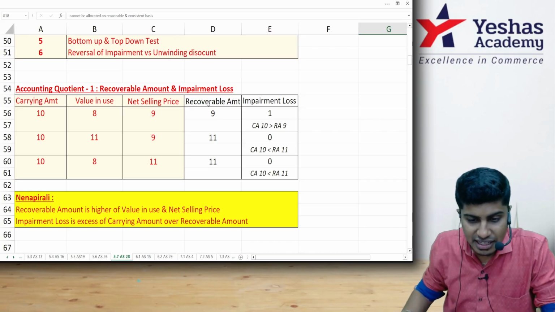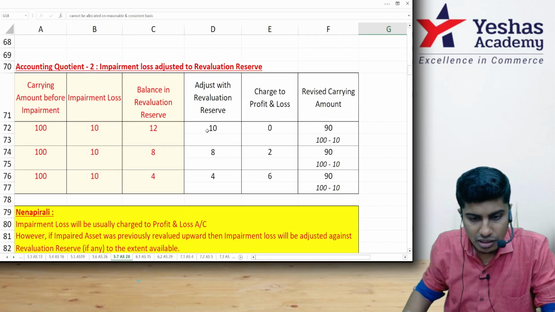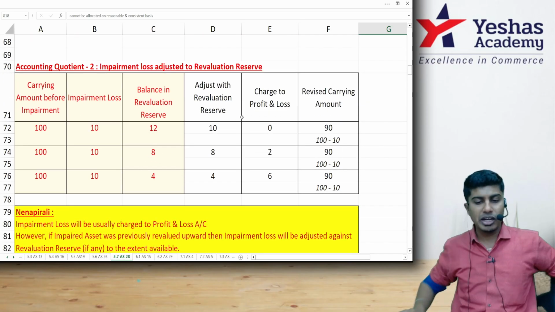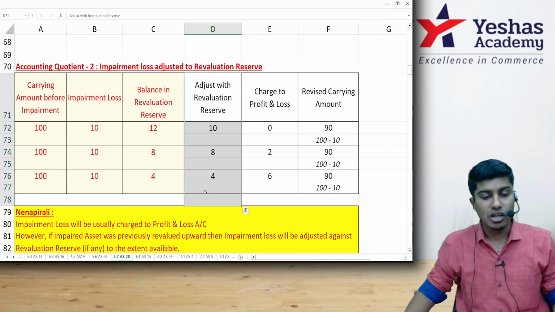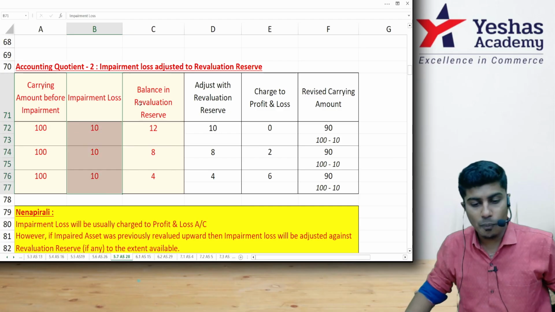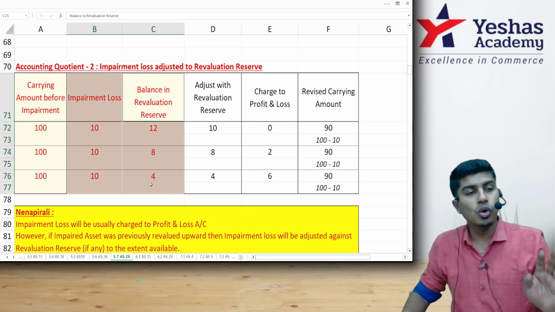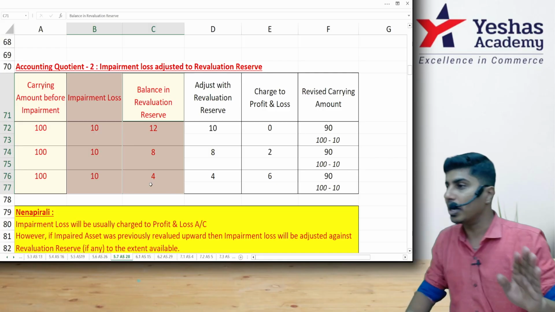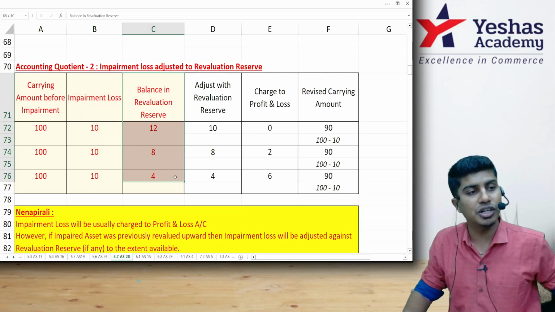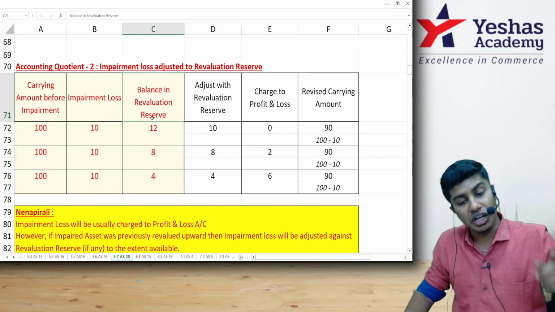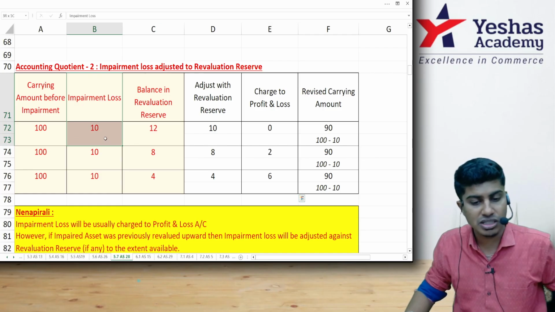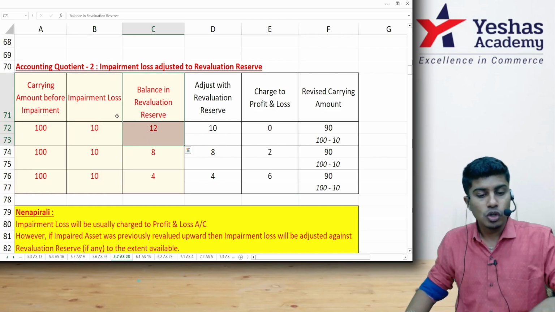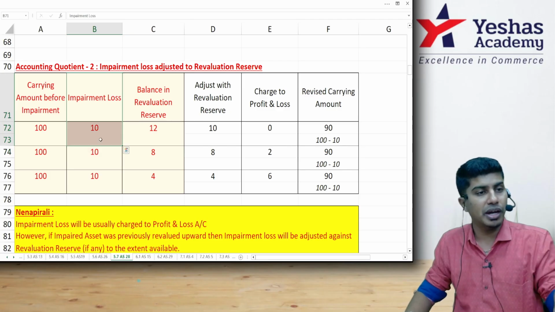If in case there is impairment loss and there is revaluation reserve, see, impairment loss is 10. We have a balance in revaluation reserve. Don't charge impairment loss to P&L. Adjust it against revaluation reserve. If impairment loss is greater than revaluation reserve, only then it will go to P&L. See here, impairment loss is 10. Revaluation reserve is 12. Don't transfer impairment loss of 10 to P&L.